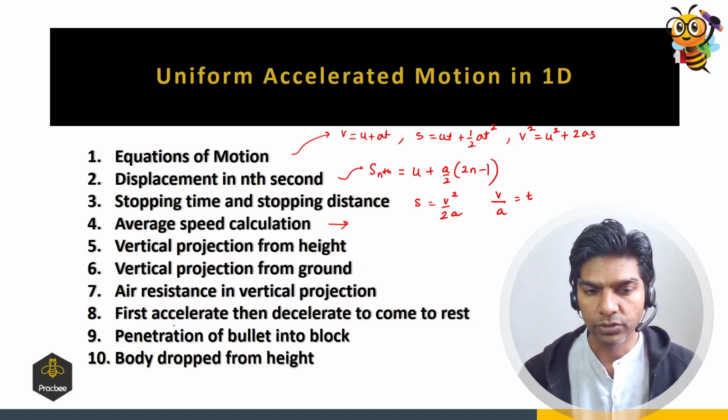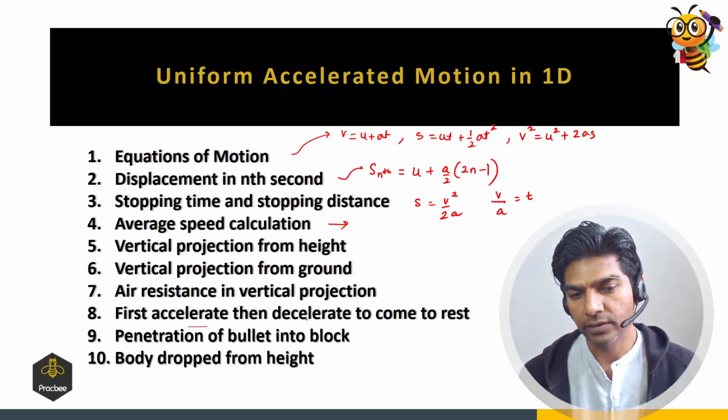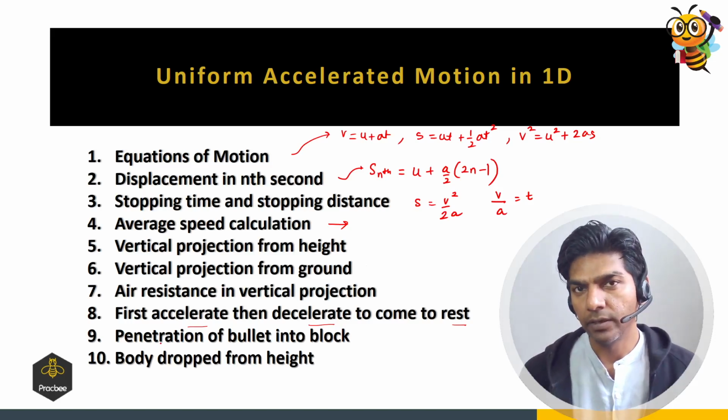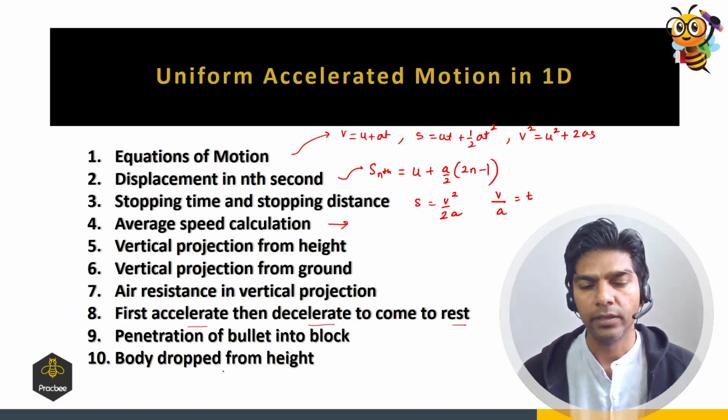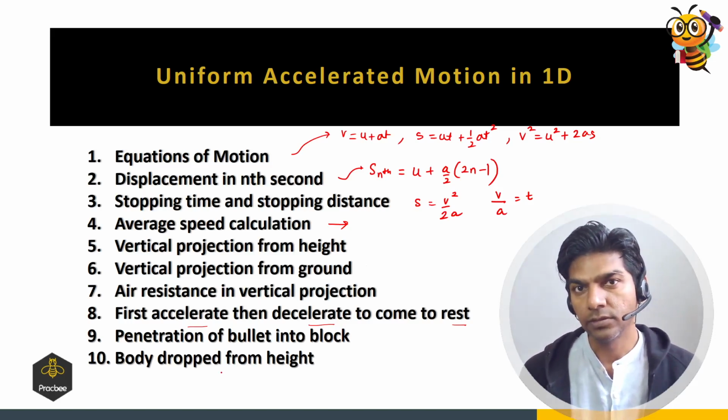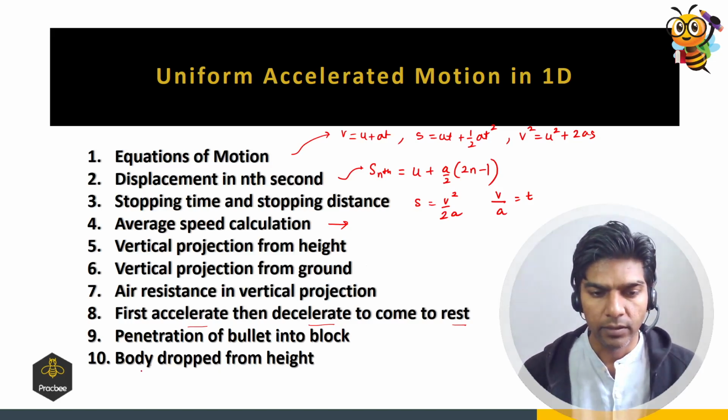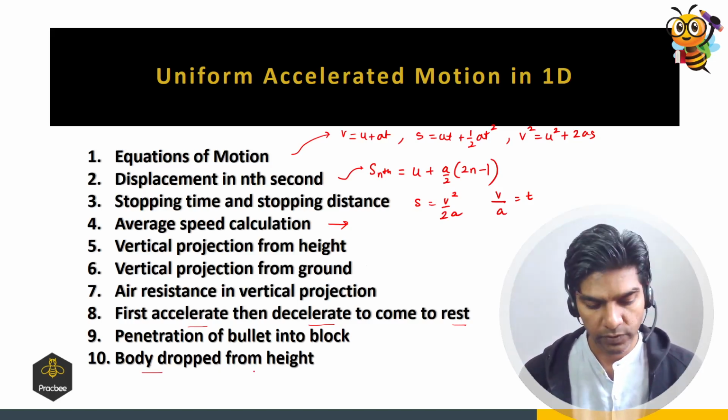And then there will be questions where the particle first accelerates and then decelerates and comes to rest. We'll see that also. And then there will be a problem type where we consider the penetration of a bullet in a block, and they will ask you up to what distance it will penetrate. Then a body dropped from the height. So we'll see all these problem types.